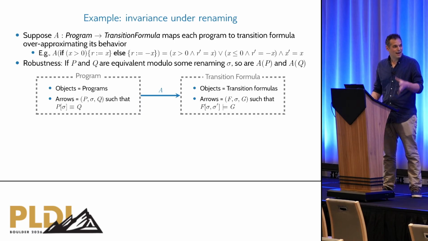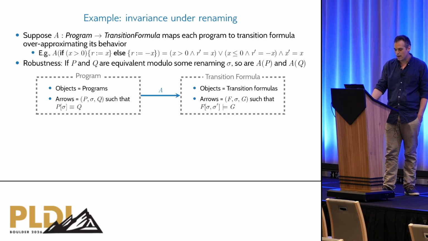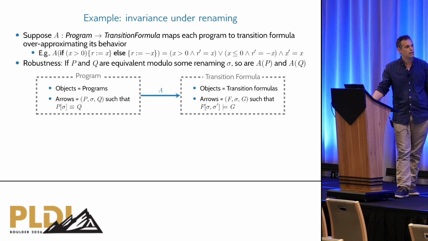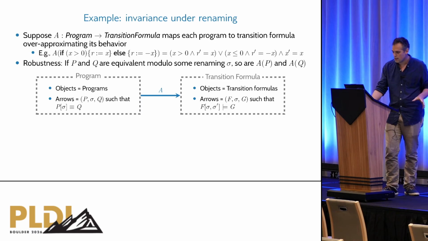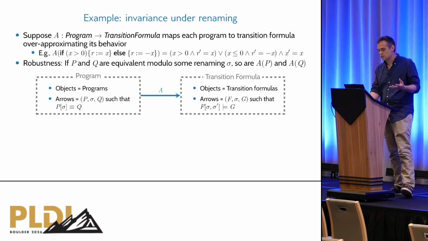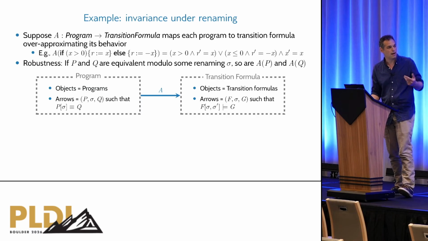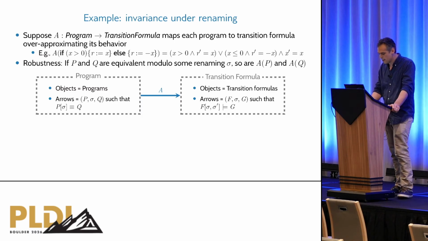All right, so let's graduate from sets to categories. So we're going to define a category of programs wherein the objects are programs, and the arrows are exactly these equivalence modulo renaming relationships. And we'll define a similar kind of structure for transition formulas. Objects are transition formulas, arrows are entailments modulo this renaming, taking care to rename primed variables appropriately.